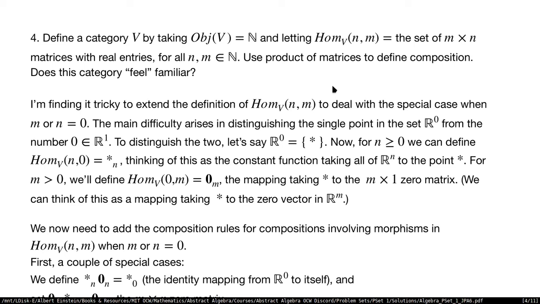Yeah, so I defined mine in terms of mappings instead of matrices, because I didn't think that matrices covered the case when m or n equals 0. Yeah, when m or n is 0, you don't have a matrix actually. I mean, would it be the 0 vector?